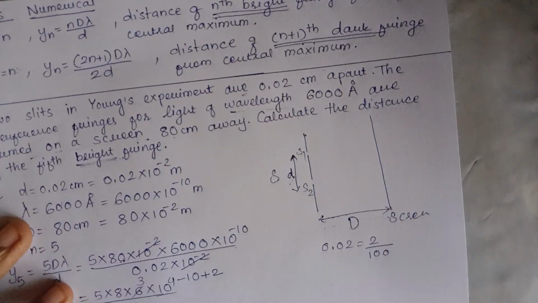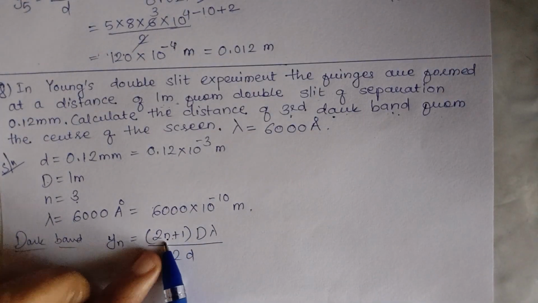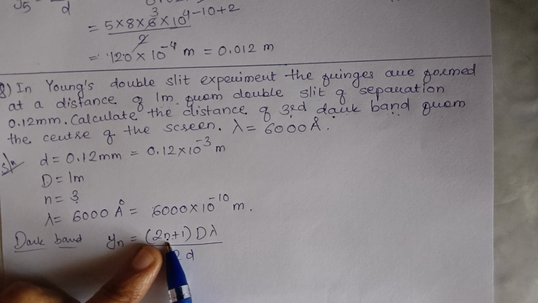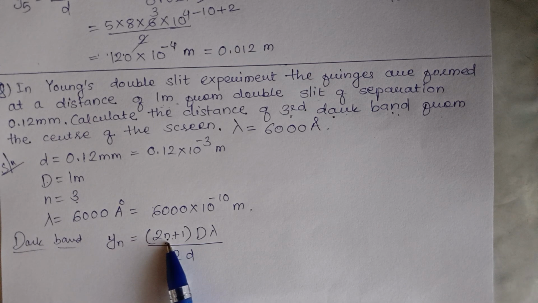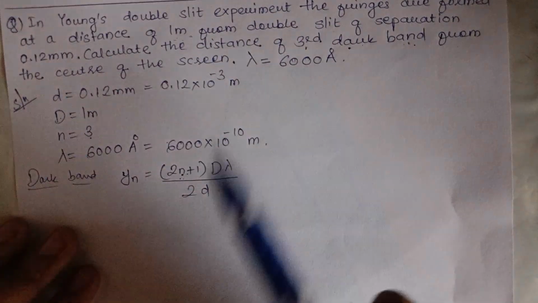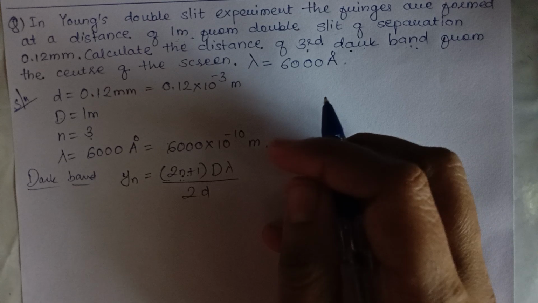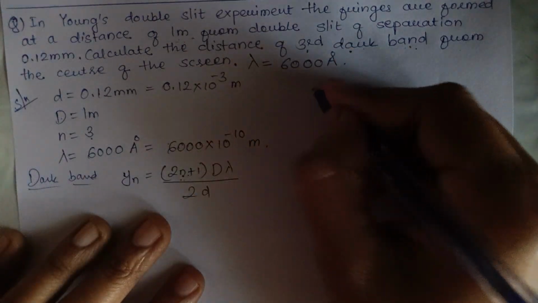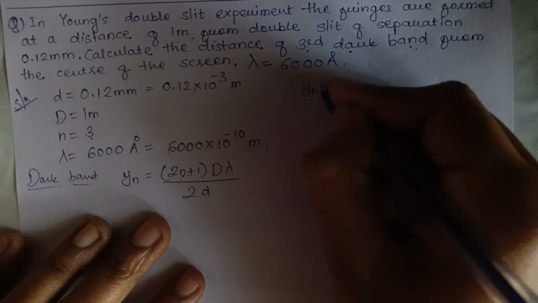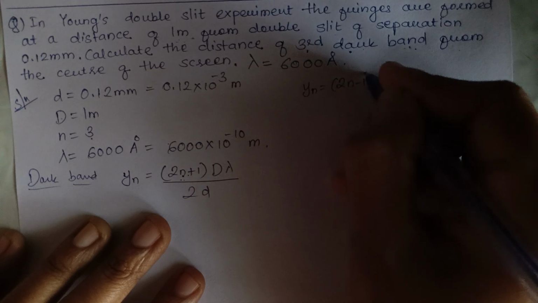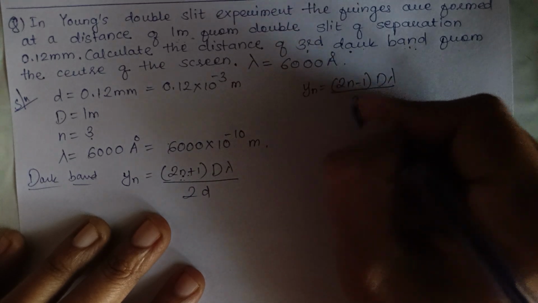So we have to take here substitution n equal to 2, that is we have to reduce it by 1. If this makes confusion, then there is one more formula, that is y_n equal to (2n minus 1) D lambda upon 2d.